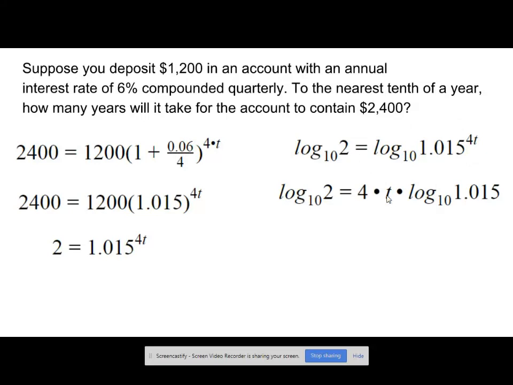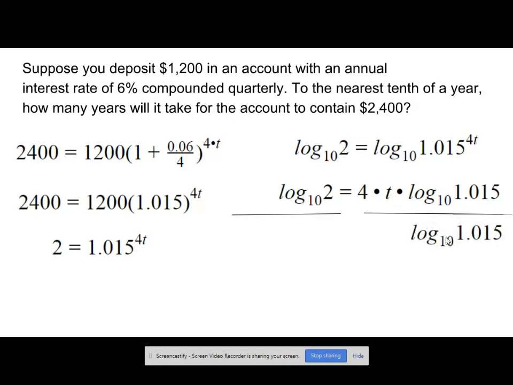That allows me to use my normal rules of algebra now, where I've got all multiplication here. I've got a number, log base 10 of 2, a number 4, my variable t, and a number. So log base 10 of 1.015 is just a really complicated way of writing one number. If I have all this multiplication here and I want to get t by itself, I can divide both sides by 4, and I can divide both sides by the log base 10 of 1.015, to isolate that variable.